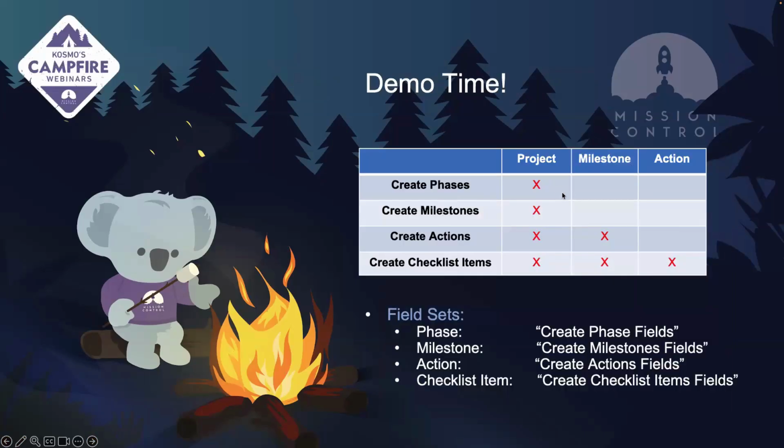Secondly, if you're on the project page, you can access all 4 create pages. If you're on the milestone page, however, you only have availability to see these 2 lightning buttons, the create actions and create checklist. That was one of the questions there. And obviously the field sets are tied to the field set name that we have listed as well.